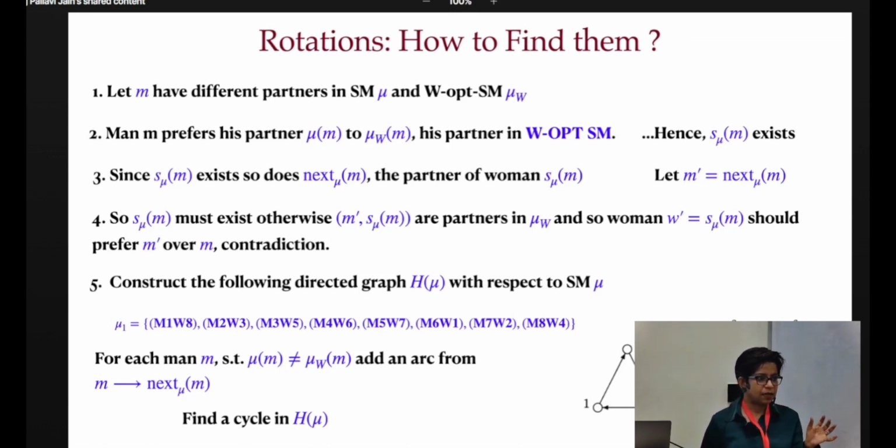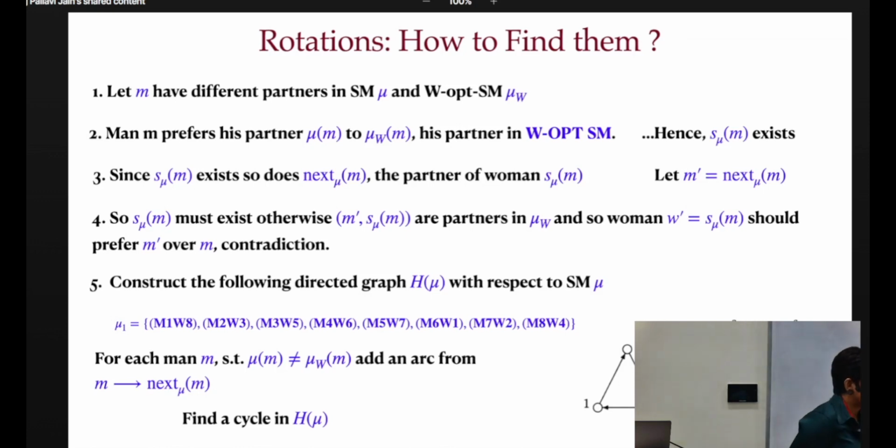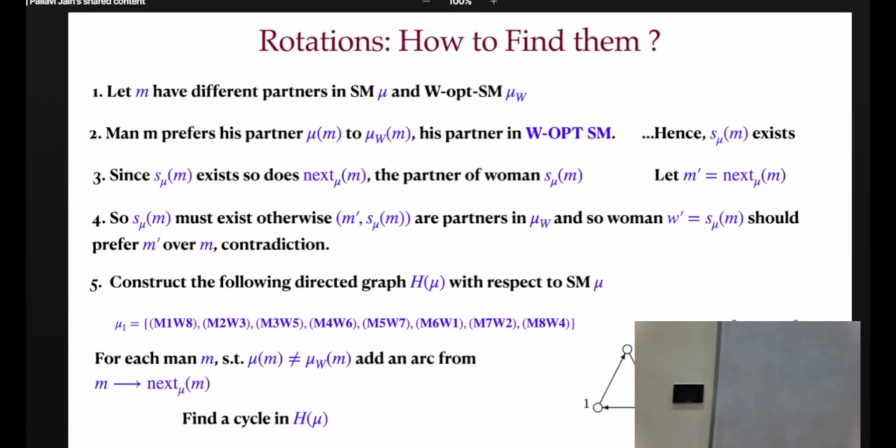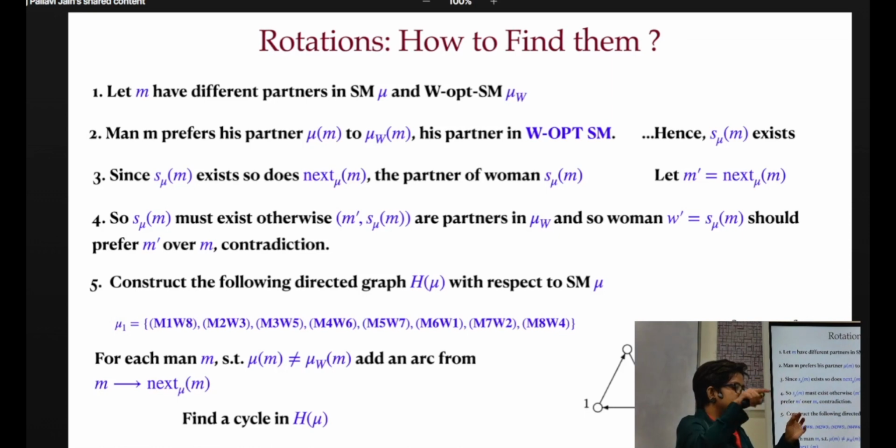Can they be part of multiple distinct rotations, rho 1 as well as rho 2? If you look at the sequence of next, it will come back at a point if it comes back. That will change. So why can't I have one man with 2 cycles going through him?